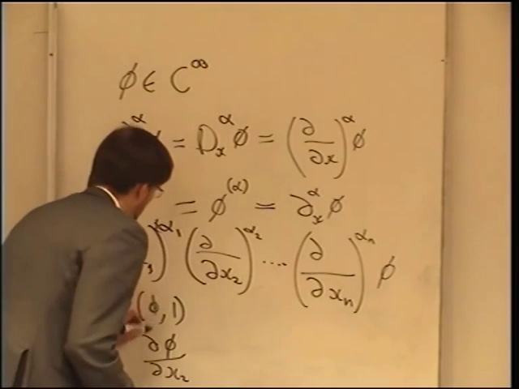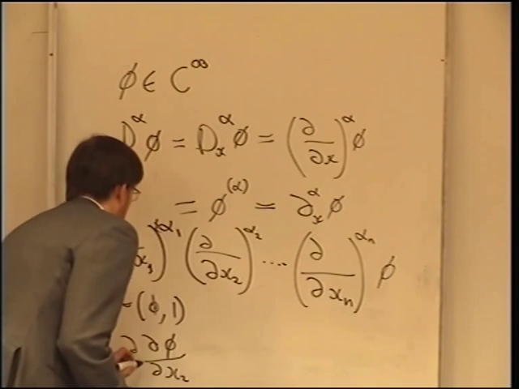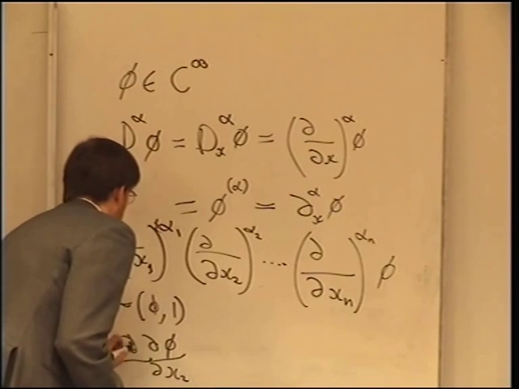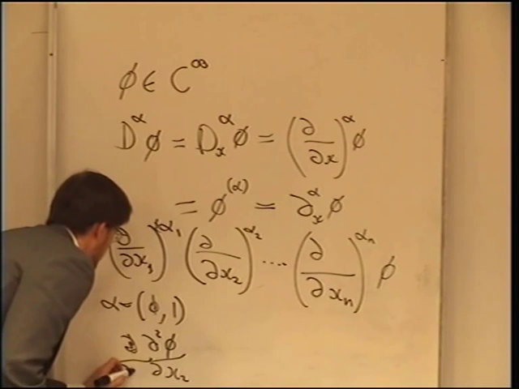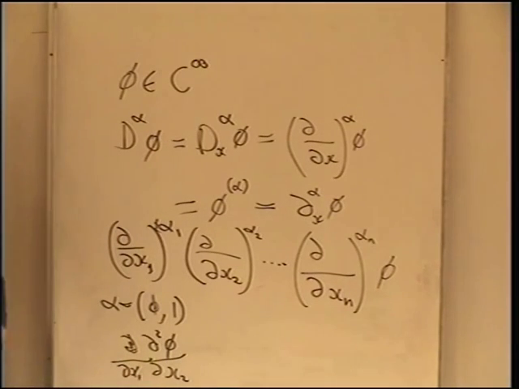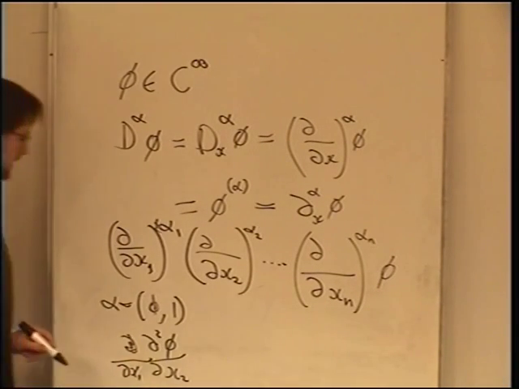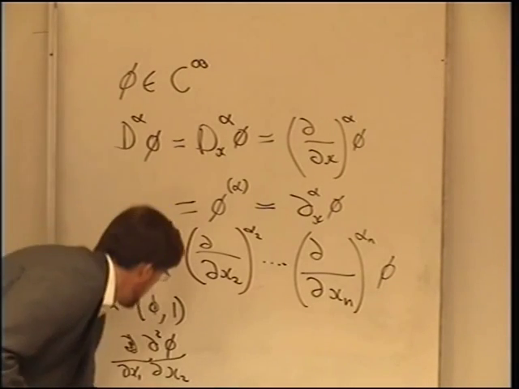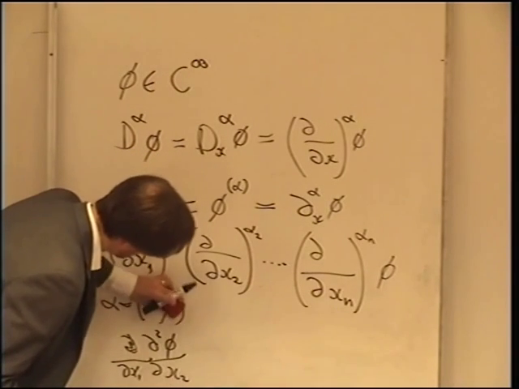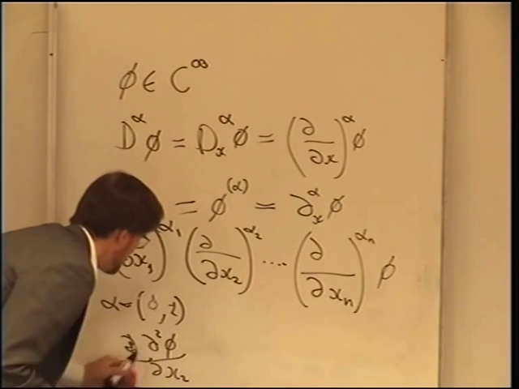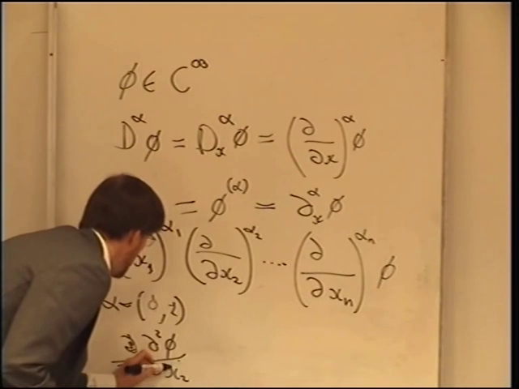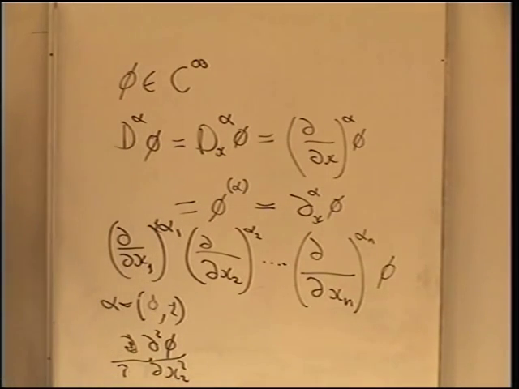Similarly, if I wrote 1, 1, that would mean the second derivative in some sense of phi with respect to x1 and x2. If I instead wrote 0, 2, that would mean the second derivative of phi with respect to x2 both times, and so on.